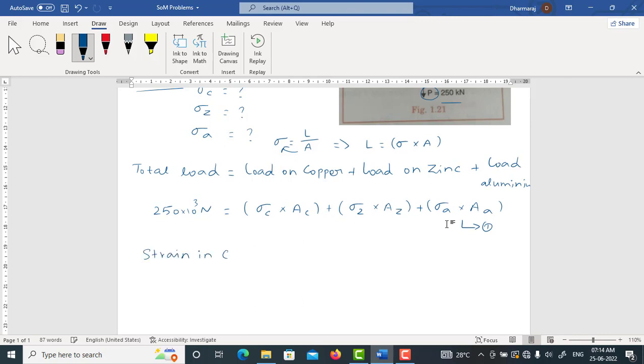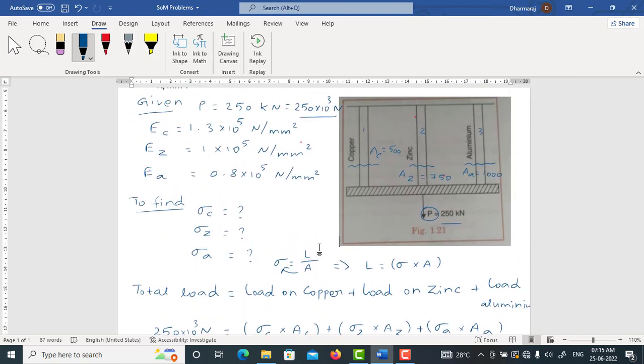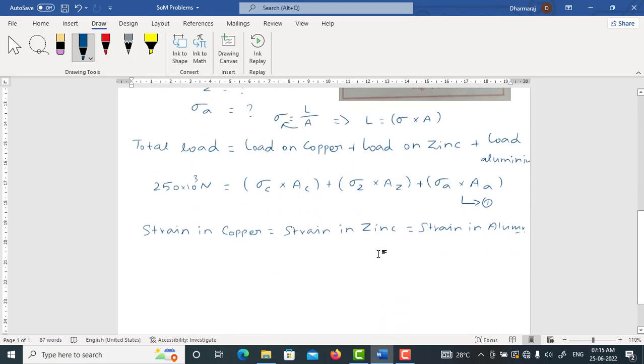Now we know that strain in copper must be equal to strain in zinc, and that also equals strain in aluminum. We know Young's modulus equals stress divided by strain, so strain equals stress divided by Young's modulus.